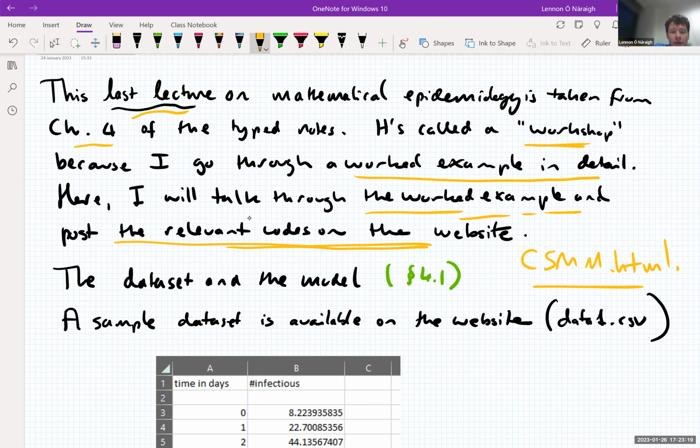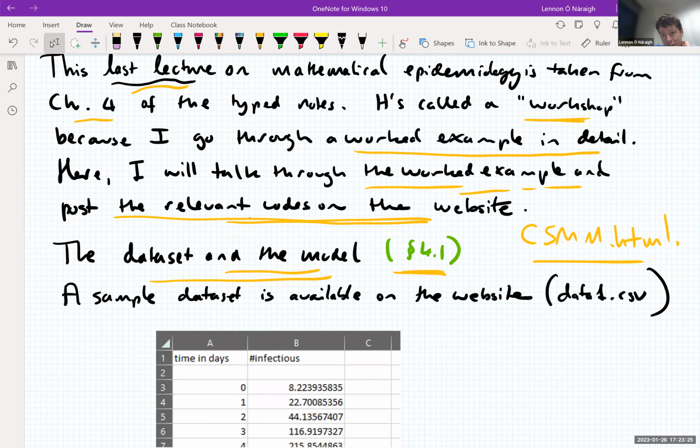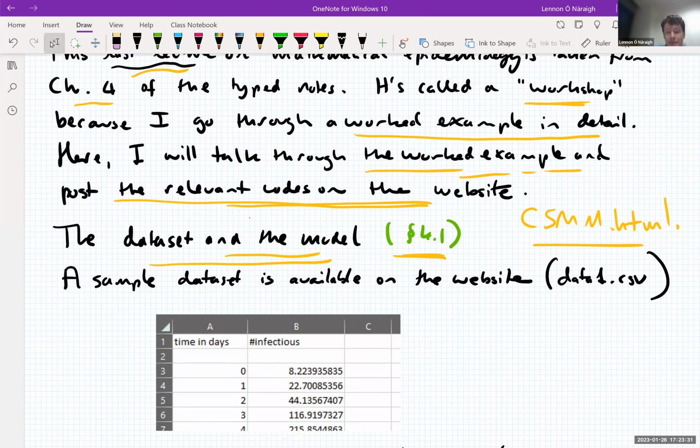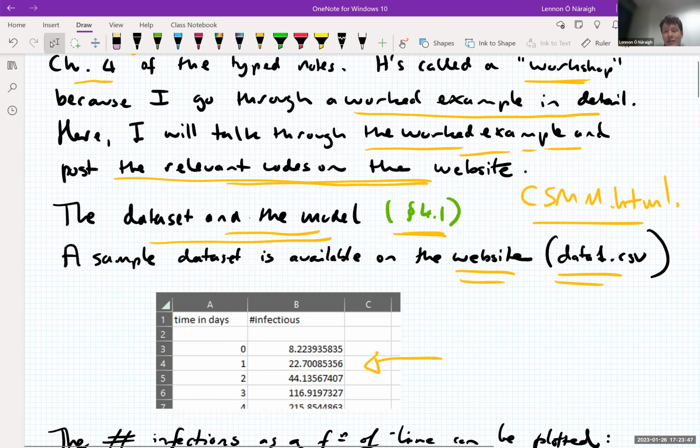Okay, so we start by looking at the provided data set. The corresponding section in the type notes is 4.1. The data set that I talk through in this section, you can already download on the website. It's data1.csv. I have to confess these are synthetic data, so they're slightly made up, and we'll be fitting the model to the synthetic data.